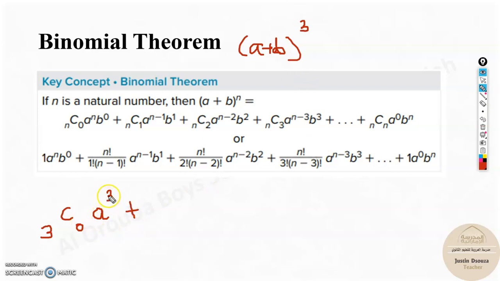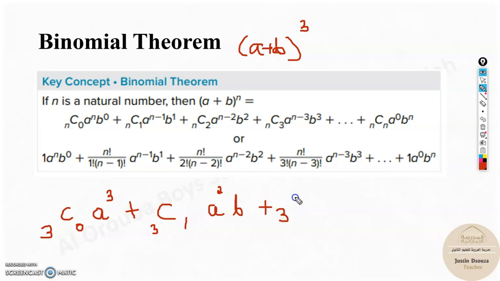You start over here, a reduces 3, 2, 1, 0, whereas b increases 0, 1, 2. The only thing is the coefficient is found out by nC0, nC1, and so on. So again, 3C1, this does not change. a will reduce by 1, so it's 2, and b increases by 1.